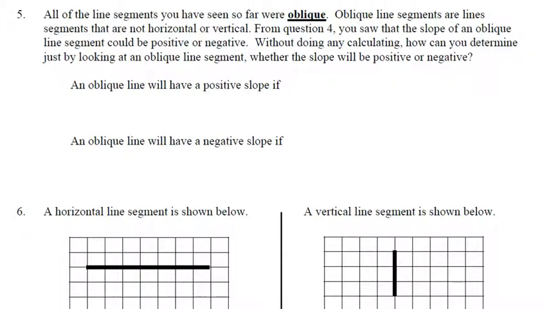Up. Now, if I go down, does this have a positive slope? No. An oblique line will have a positive slope if it goes up to the right, if it goes up from left to right.